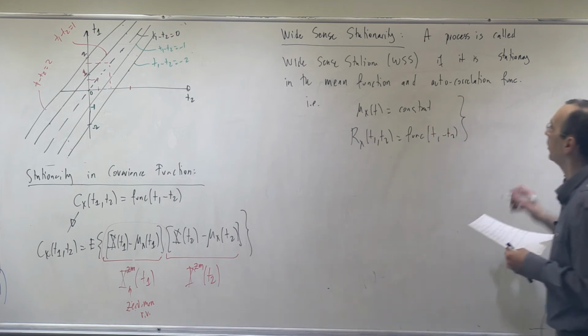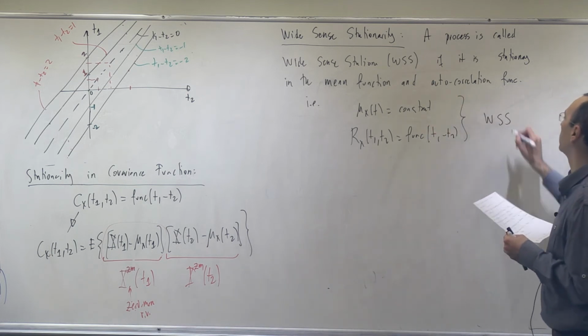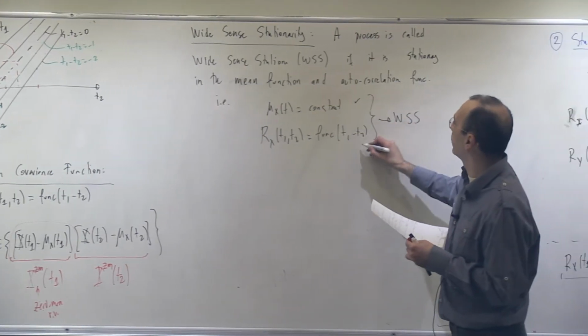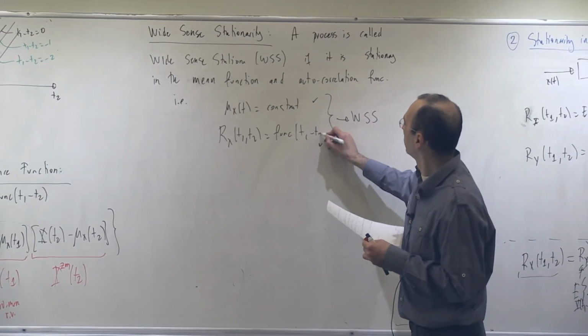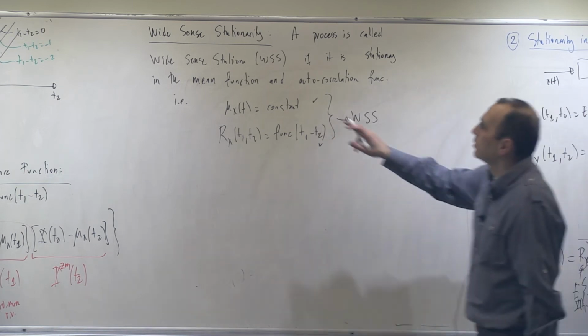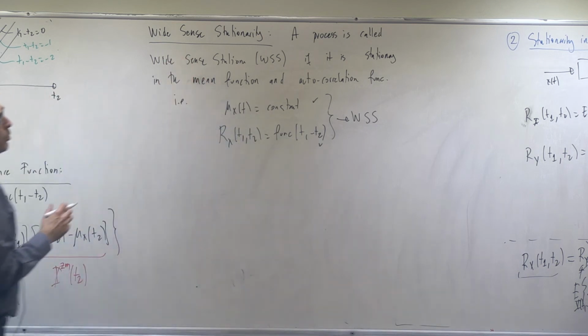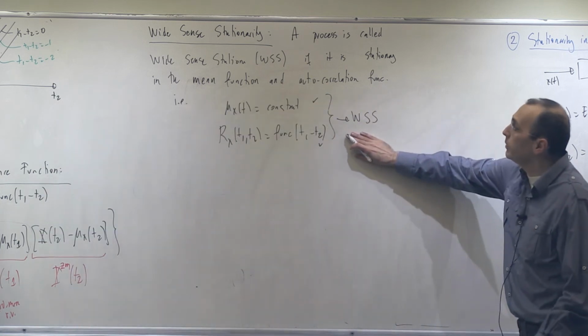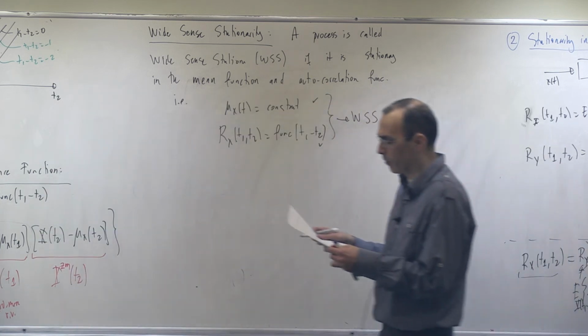If you have both of them, we say that this is wide sense stationary. Strict sense stationarity is, of course, much more general, but for some processes we can only verify this, or we are limited to this, and so on.